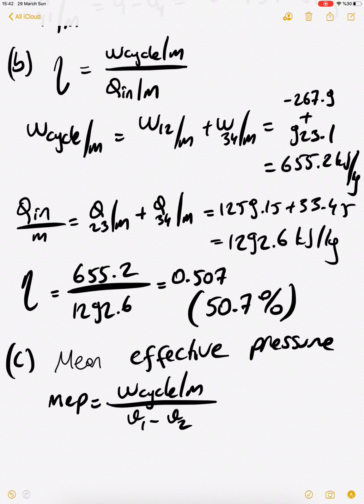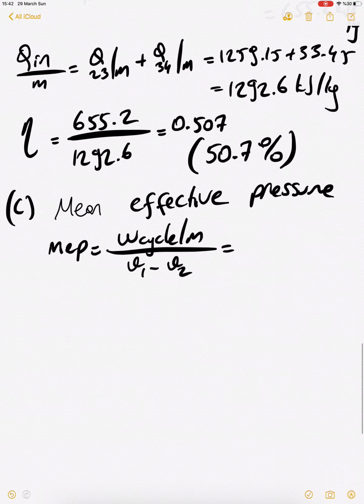Okay, so it is the net work of the cycle divided by the swept volume, work obtained from the system divided by volume. So this is the work per unit volume, and it is considered to be an energy density. So the larger this value is, the better, so you get more work per unit cycle.